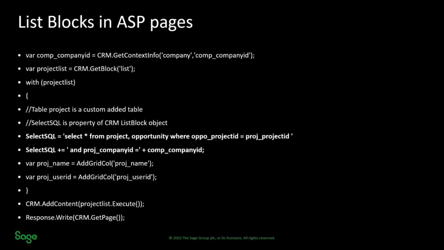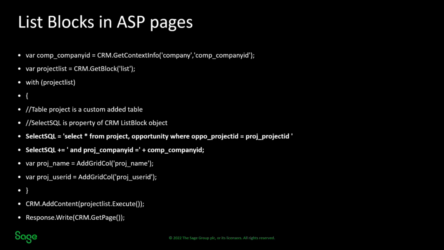We'll be looking again at how we get hold of context inside classic ASP pages later on, and how we get hold of context in .NET pages later on. But in the first line of code that you see there, you can see var companyID equals CRM.GetContextInfo company ID, and then that companyID variable is applied to provide the contextual limitation in the SQL clause.